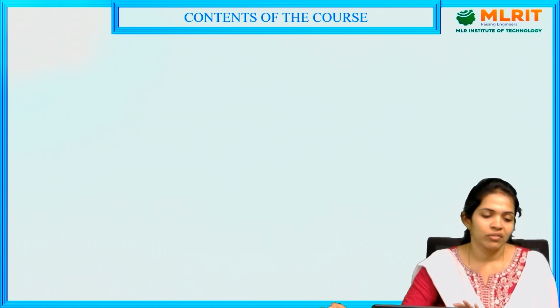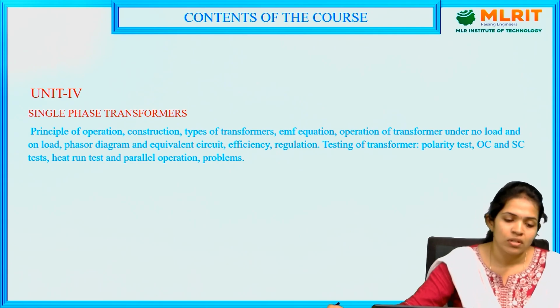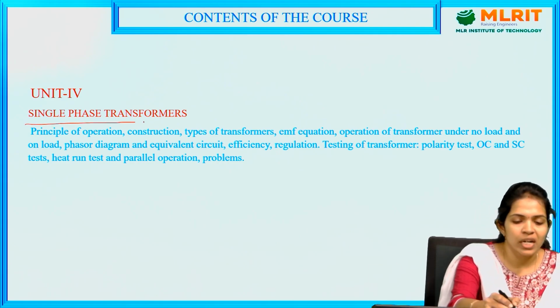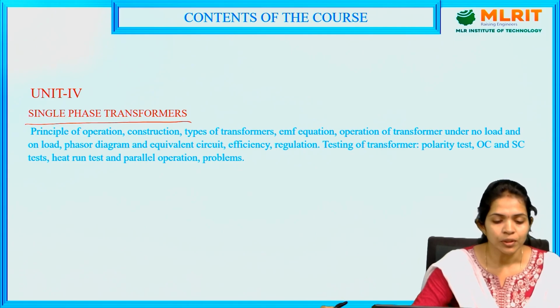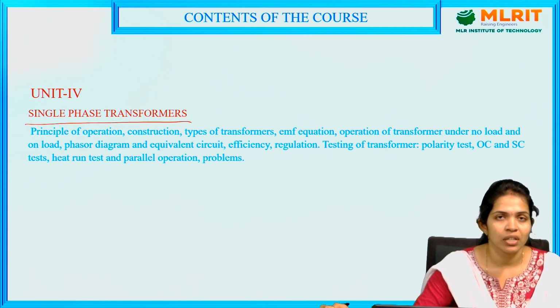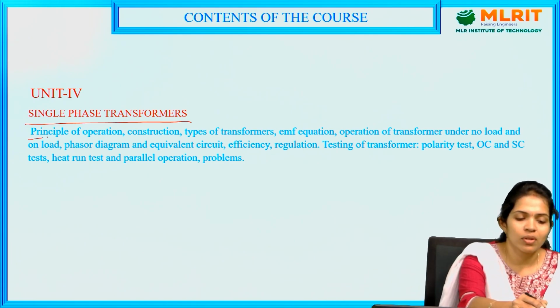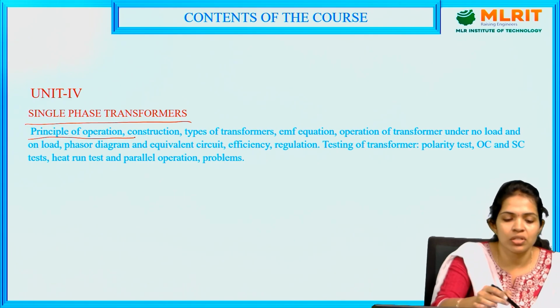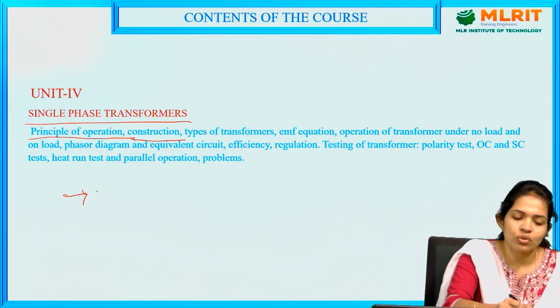Moving on to unit 4, we have the single phase transformers. We know that the transformer is an AC machine, so it is not under the DC machines concept, but it is an electrical machine. Under transformers, we'll be studying the principle of operation and the construction of the transformer. A transformer usually works on mutual induction.